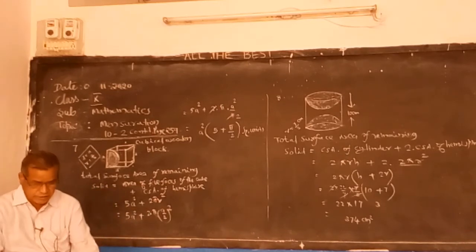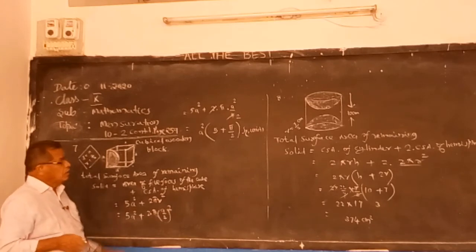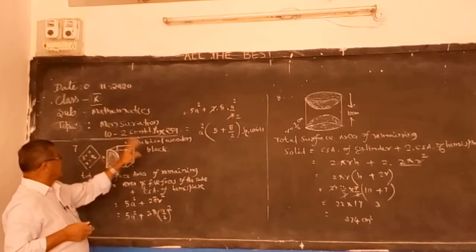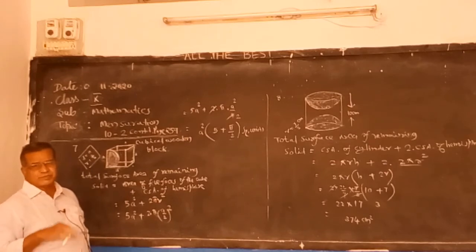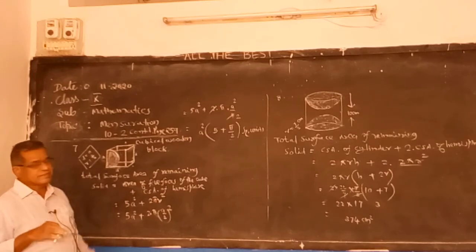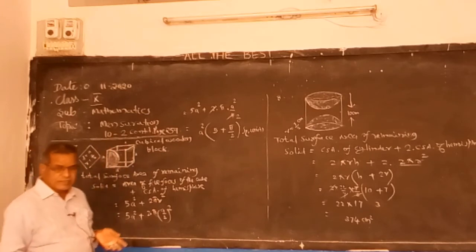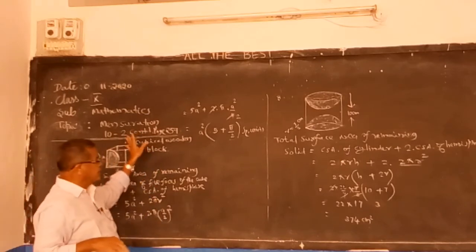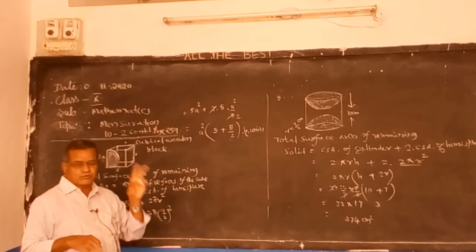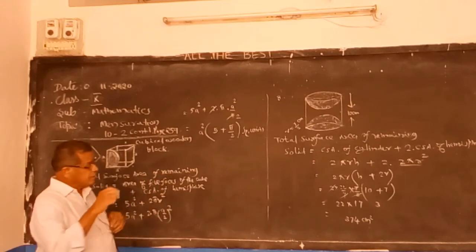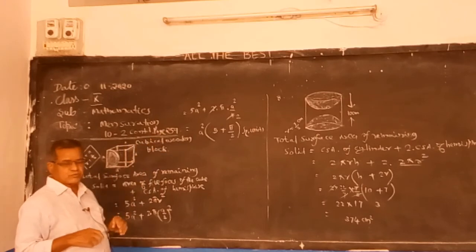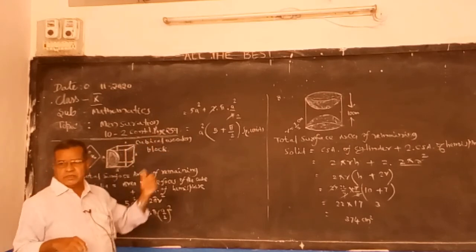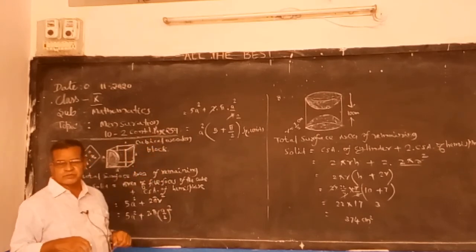Yes. See, we completed 10.2. These are all easy and important. Simply we have to learn, practice and substitute the values. Read the problem twice, thrice, then draw the diagram, write the formula and substitute the values.